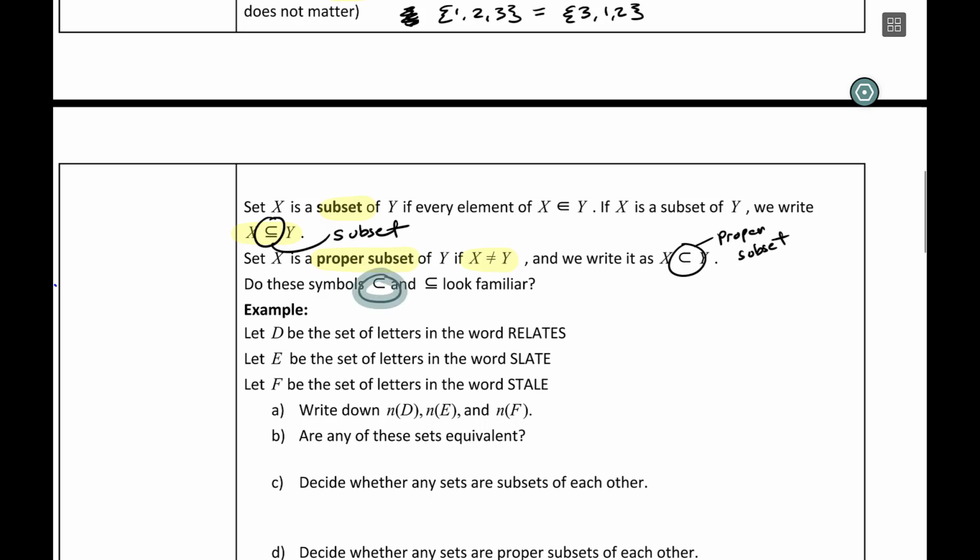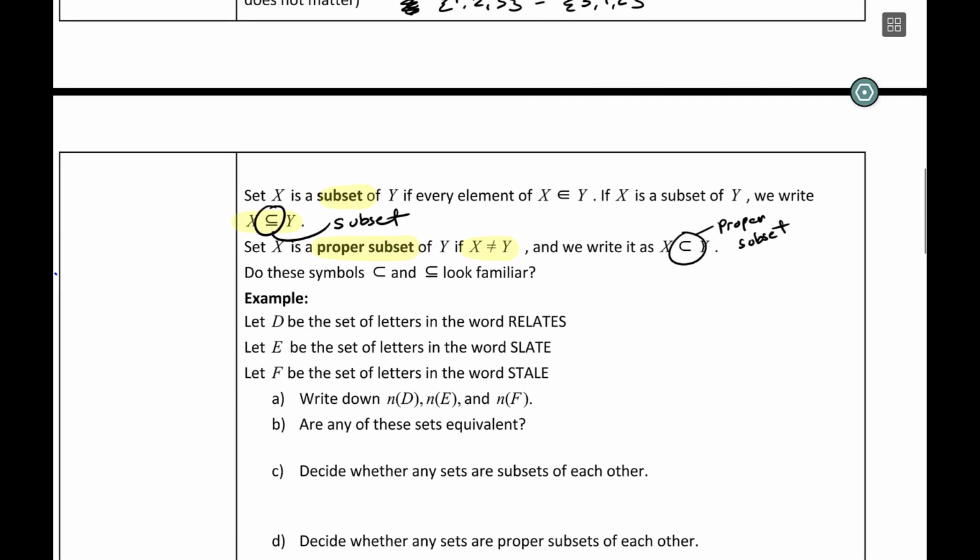And for me, I always remember this connection between these two symbols. To me, the proper subset symbol looks a lot like strictly less than, and the subset symbol looks a lot like less than or equal to.